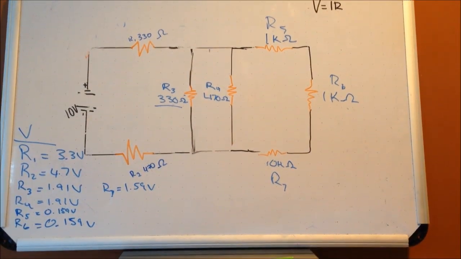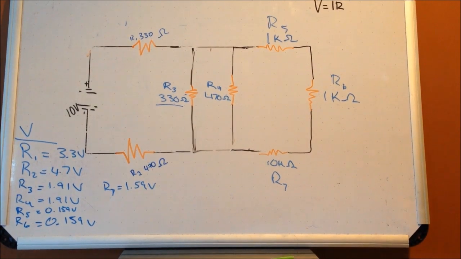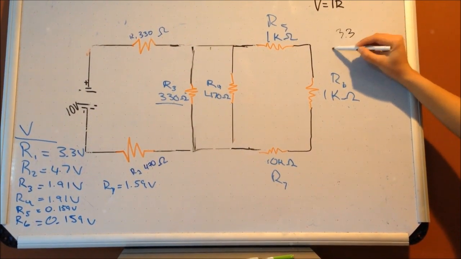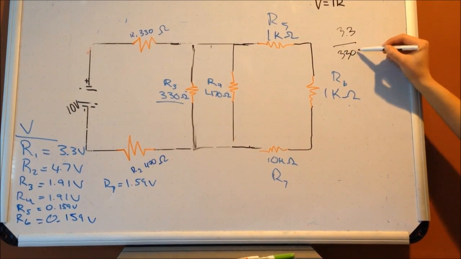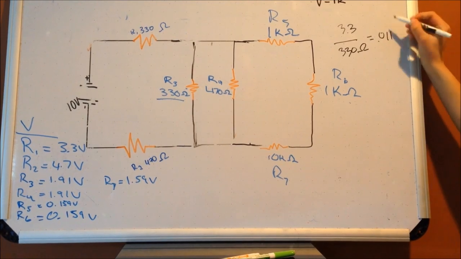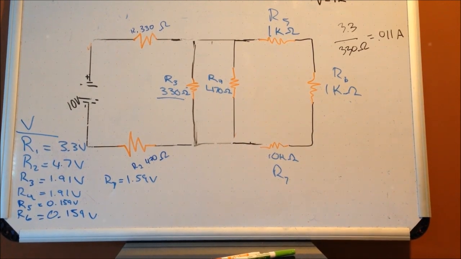Now to find the current of R1, we just simply plug the voltage and the resistance into Ohm's law. So it'd be 3.3 over 330 ohms, which equals 0.011 amperes.